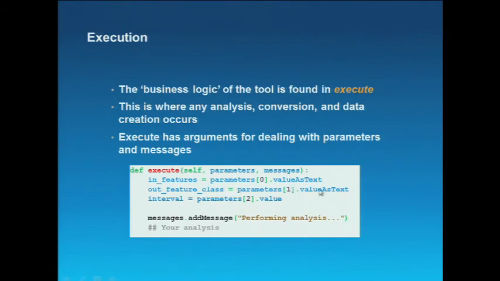You can access them as value or value as text. And then there's also this messages object. So you can, if you want, use all the equivalent ArcPy functions. So there's ArcPy add error, ArcPy add warning, those sorts of things. You can use all of those in a Python toolbox. But there's also a message object which has similar methods for adding messages as well.